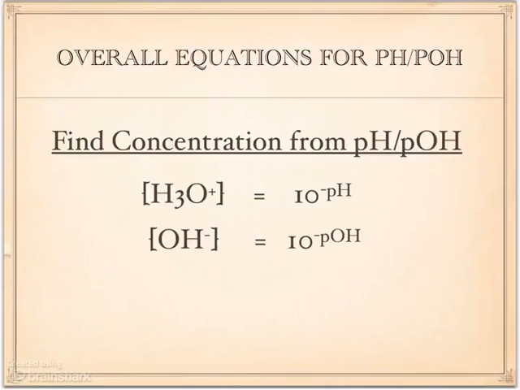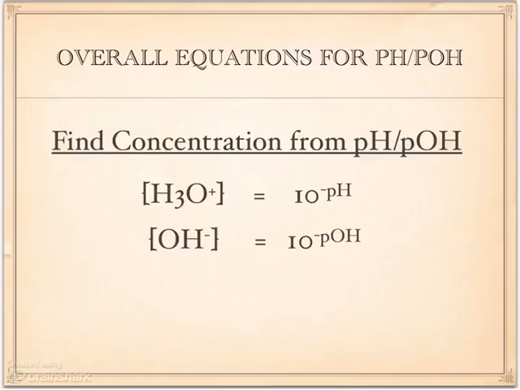All right, so that was going from concentration to pH or pOH. Now we want to go the opposite way, where you might be given the pH or pOH of a particular reaction or solution, and you want to figure out the concentration. When doing that, you'll use these equations: if you're looking for hydronium, it's going to be equal to 10 to the negative pH power.